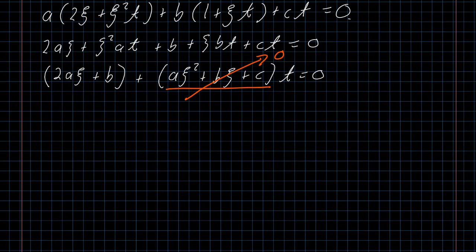And so I'm left with 2a c plus b equals 0, which I can quickly solve and get that c is negative b over 2a.